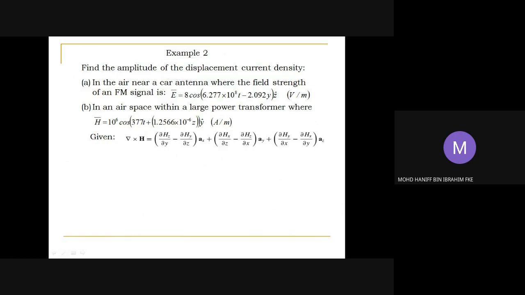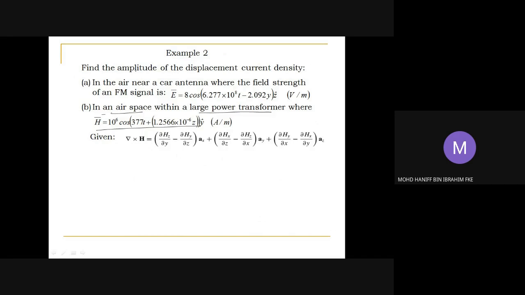For the second example, we are given again a space within a large power transformer where the H is given by this. In this particular case, we are not given the E field, but we are given the H field intensity.